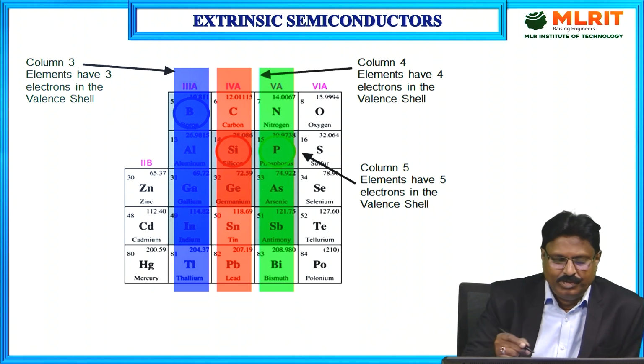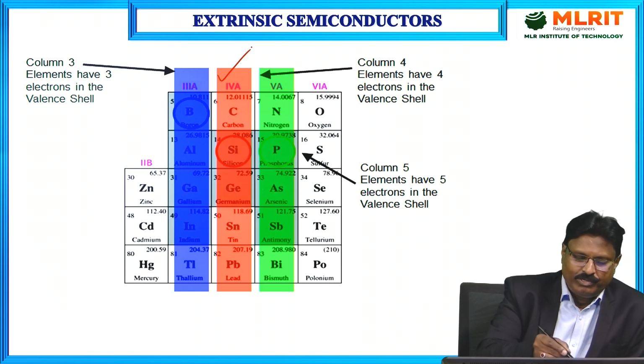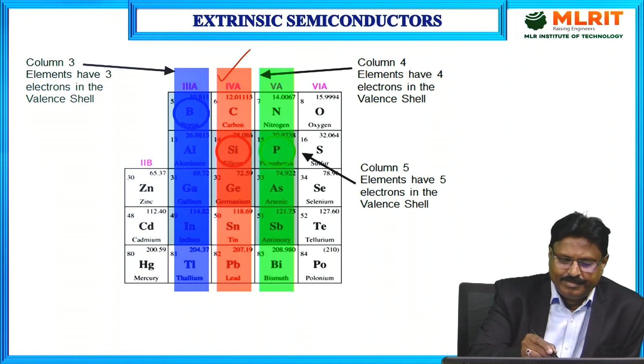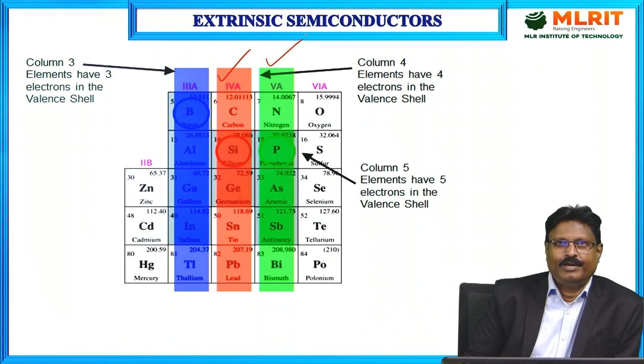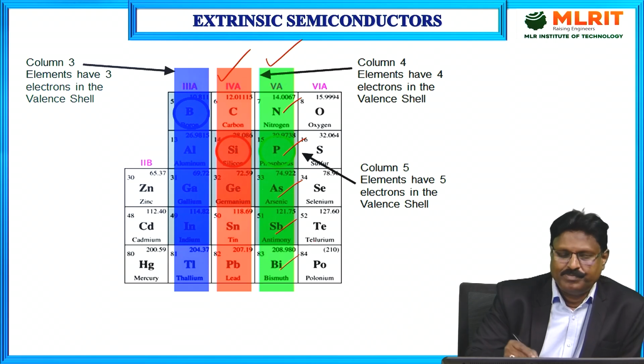Here is the periodic table, as you can see. Group 4A belongs to the semiconductors, silicon, germanium, like that. Now observe the group 5A elements: nitrogen, phosphorus, arsenic, antimony, and bismuth.